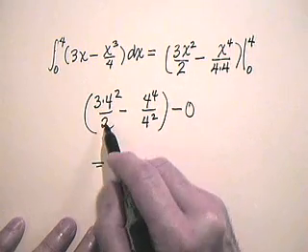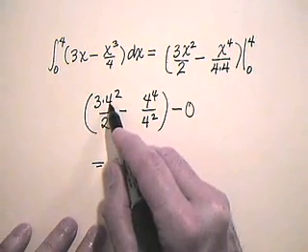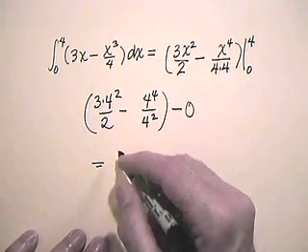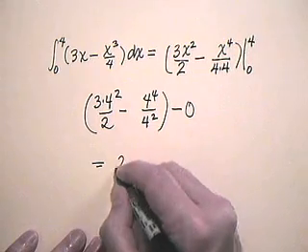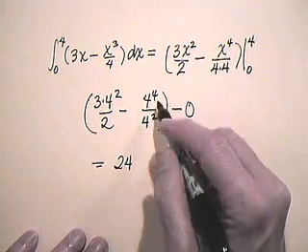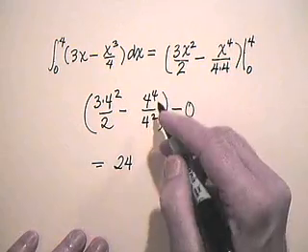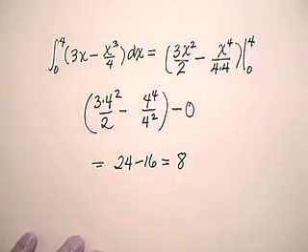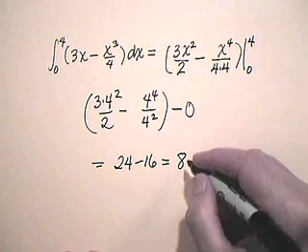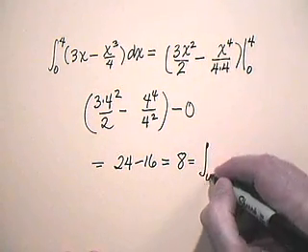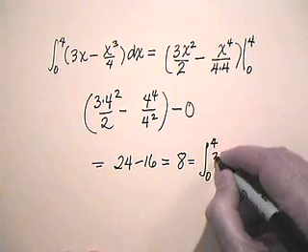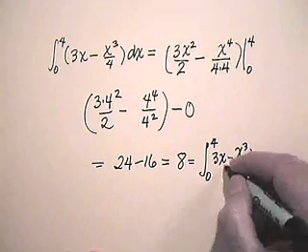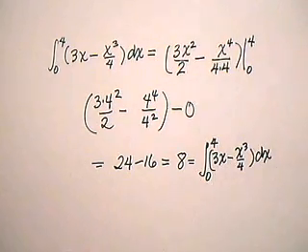So, what do we have? 2 into one of the 4 factors leaves a 2. 2 times 3 is 6, times 4 is 24. Minus 4 to the 4th over 4 squared, which is minus 16. And that leaves 8. So finally, 8 is the definite integral from 0 to 4 of the quantity 3x minus x cubed over 4 dx.